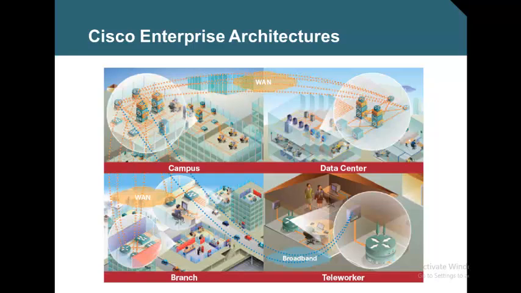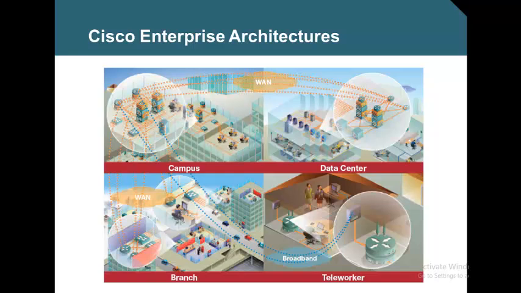See, we have different types of communication from and to an enterprise. What is an enterprise? A company is an enterprise. If you are running a company, your company's network is called an enterprise network. Some companies are very big, some companies are small.